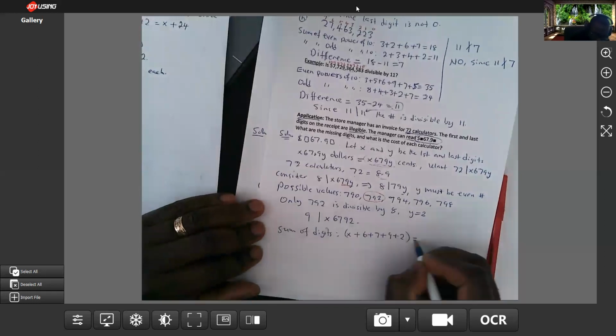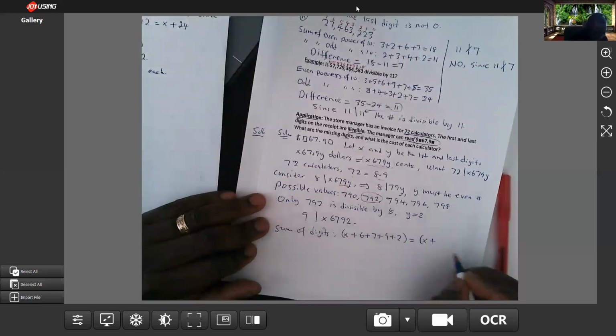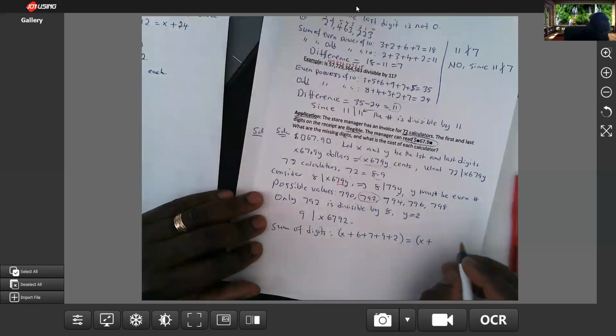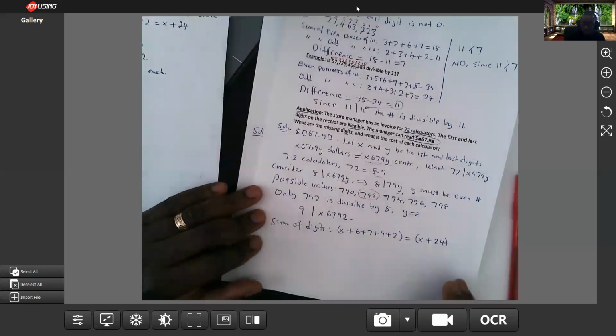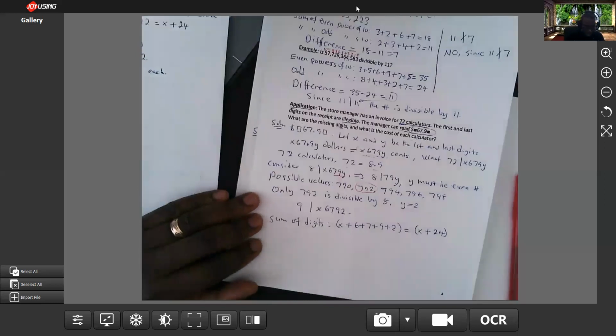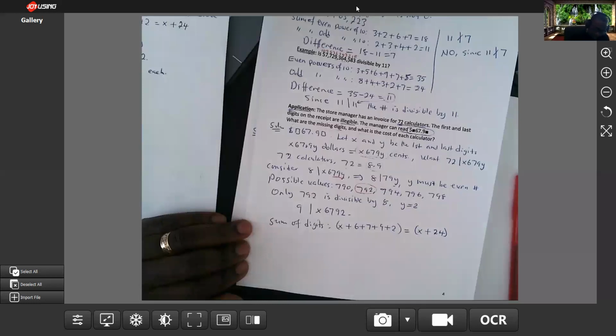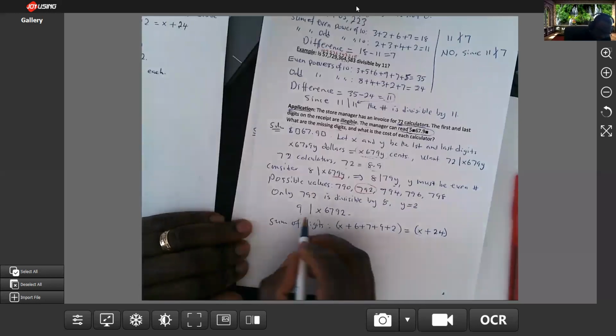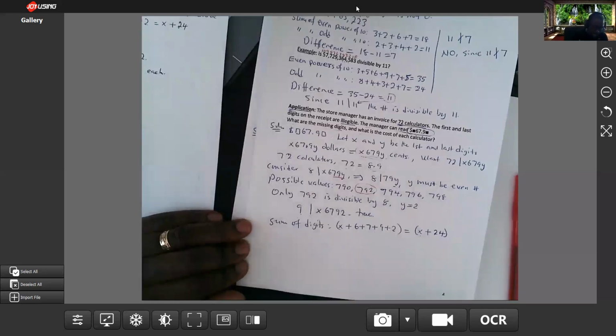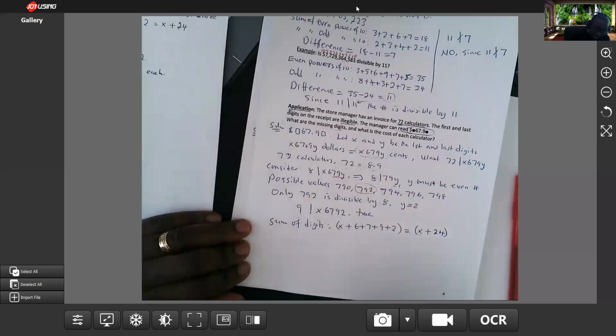That gives us X plus 24. The number must be divisible by 9, so what would be the possible value of X?